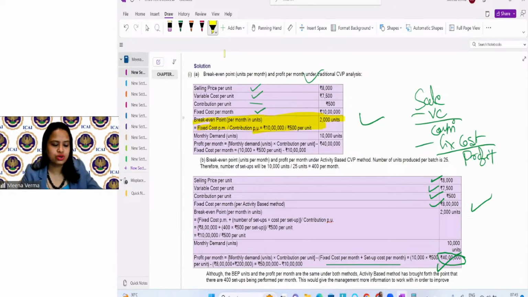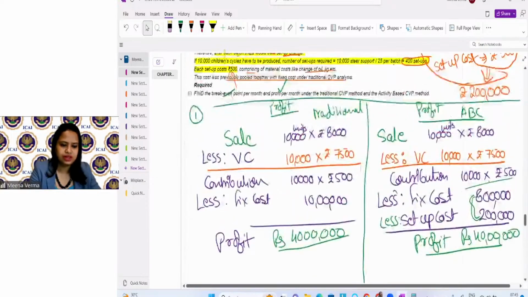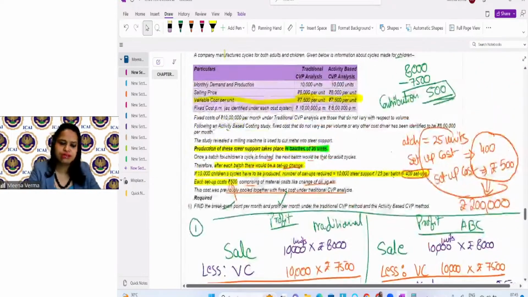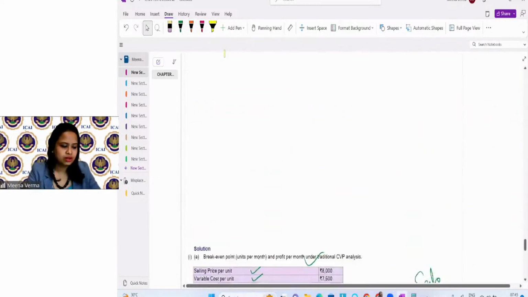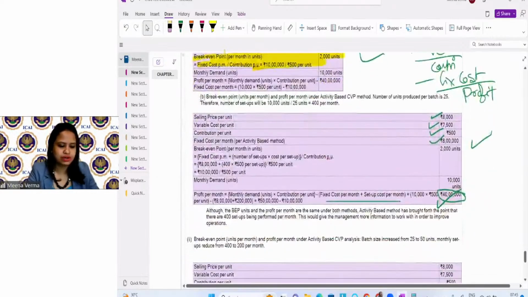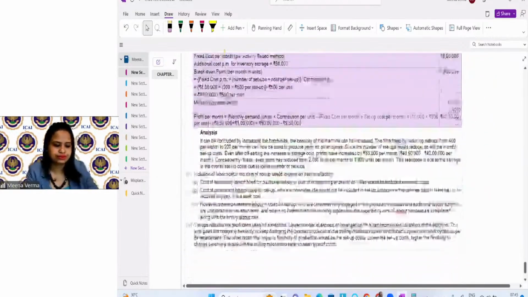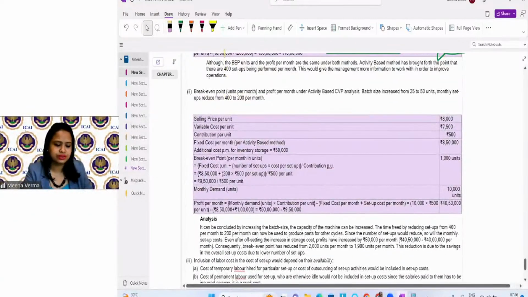They have done the same thing in between the question, but I advise you in the exam, do not do it in the same way. Find the profit separately and find the contribution and break-even point separately. Don't do it together.